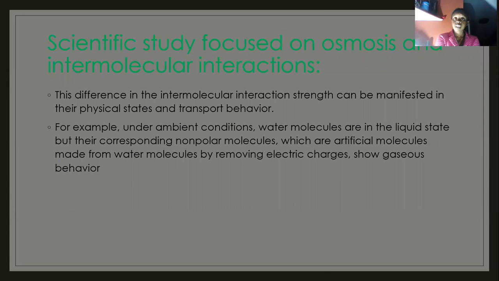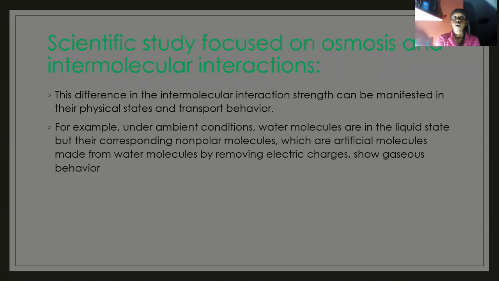A scientific study that is focused on osmosis and intermolecular interactions states that, interestingly, when osmolytes strongly interact with water molecules, transport immediately starts and continues until all water molecules are transferred to the initially empty compartment.